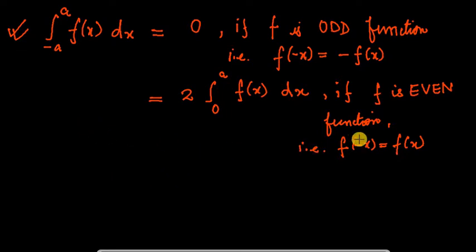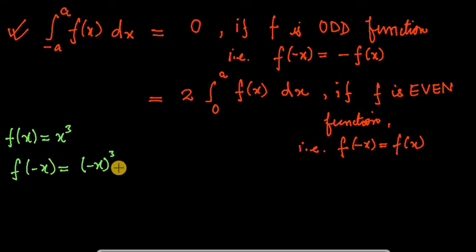Now first of all, let us see a few examples of even functions and odd functions. As for example, if a function f(x) is equal to x cube, now if I replace this x by minus x, then on the right hand side also this x will be replaced by minus x. So f of minus x is equal to minus x whole cube. Minus x whole cube means minus x multiplied by minus x multiplied by minus x.